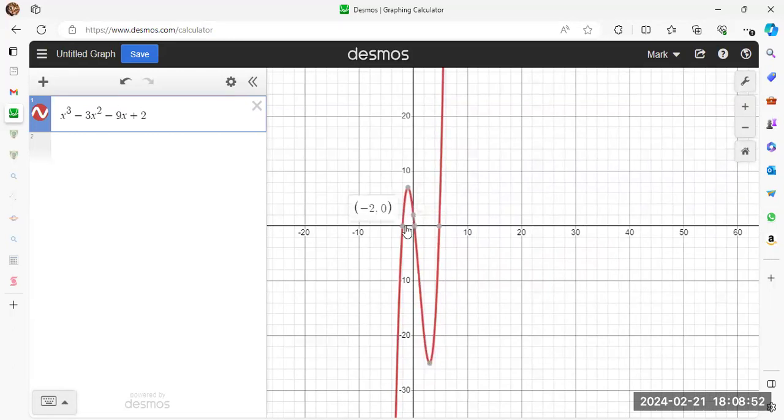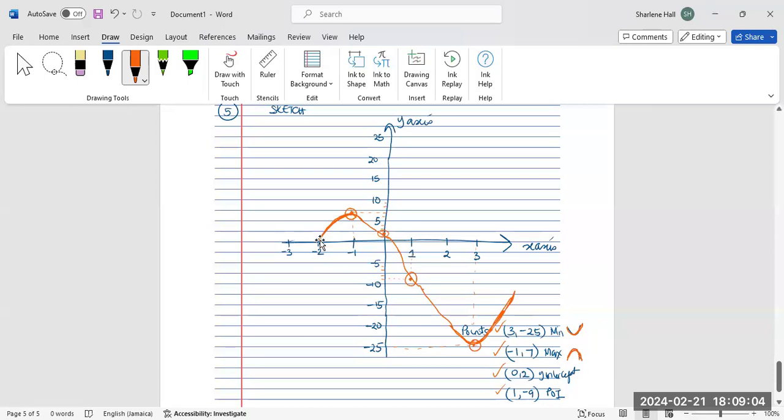We did not calculate these, but we saw where this was coming to be negative 2, 0. So how did you see that? See it almost like it right here. Can you see this? So that's what it looks like.